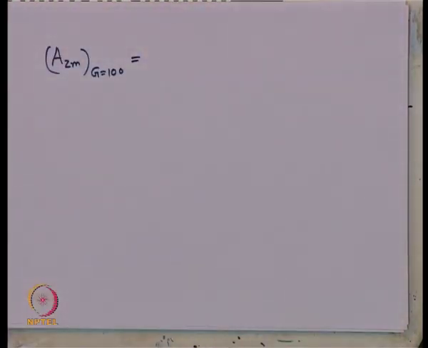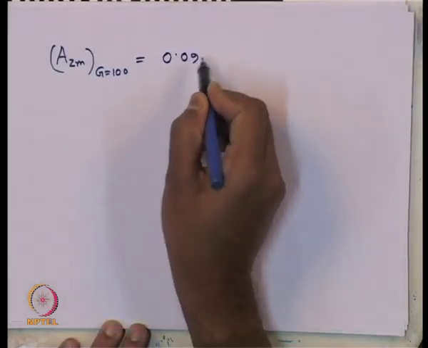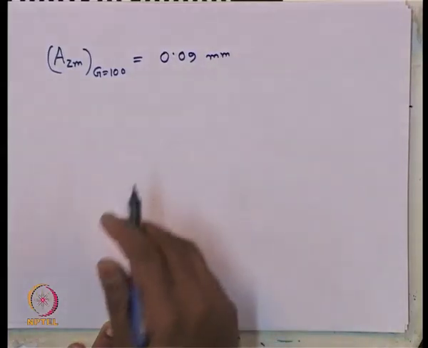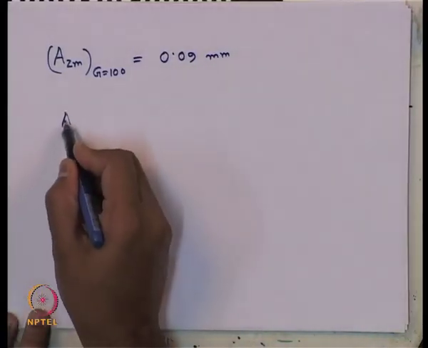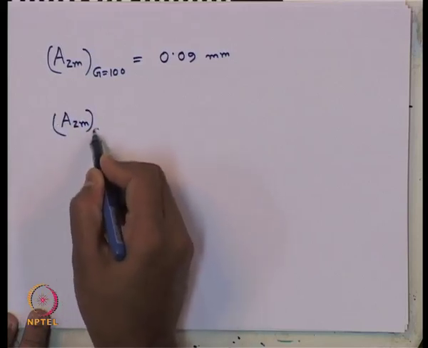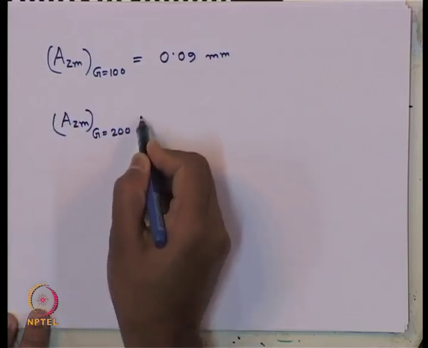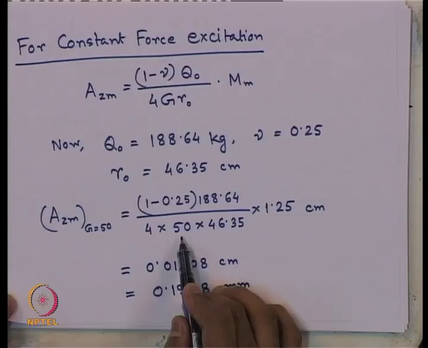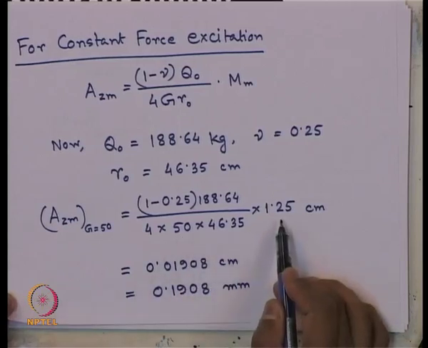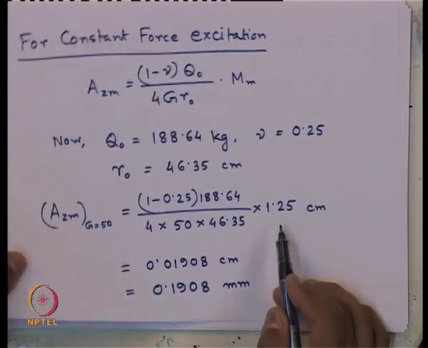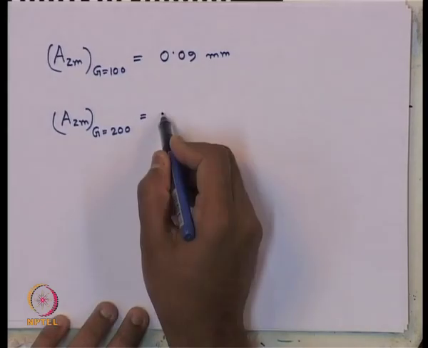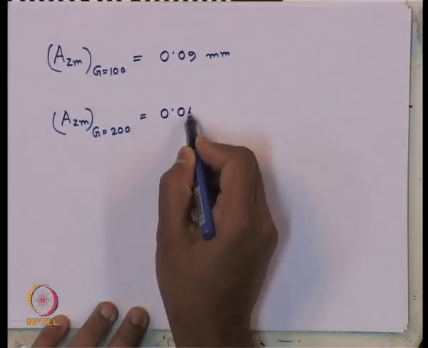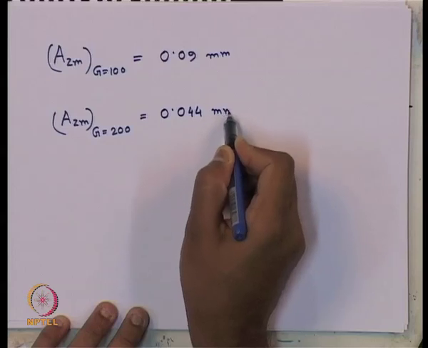Putting in the values and calculating, we get 0.09 millimeter. And AZM for G equals to 200: this becomes 200 and the value read from the design chart is 1.15. After calculating, we get 0.044 millimeter.